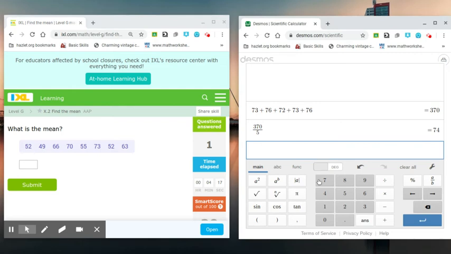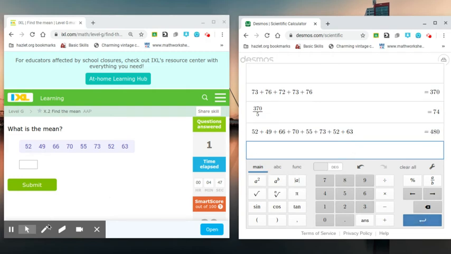So I'm going to type in 52 plus 49 plus 66, 70 plus 55 plus 73 plus 52 plus 63. Remember, I want to hit enter. So I get 480. I'm going to put my number here so we can see it. 480. And then remember, we have to divide by how many numbers we have.